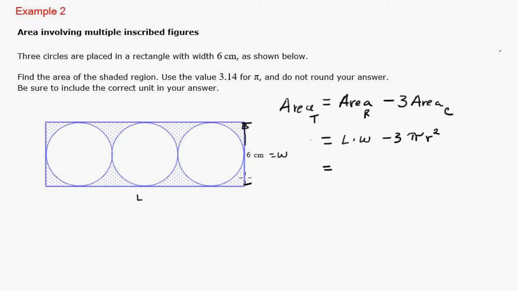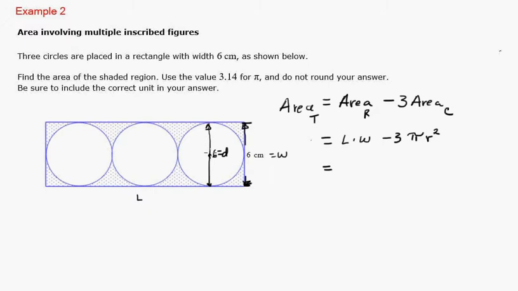Now, it looks like the only thing they're giving us is this distance right here, but that's actually a lot. That happens to be this distance right here. So that's 6, and that's the diameter. The diameter is the distance all the way across the circle going through the center.